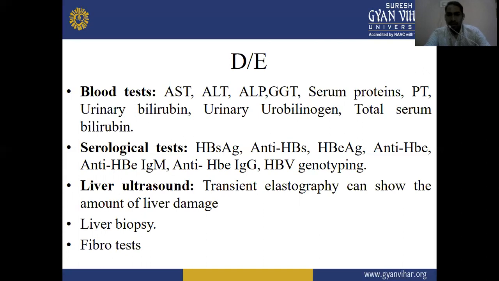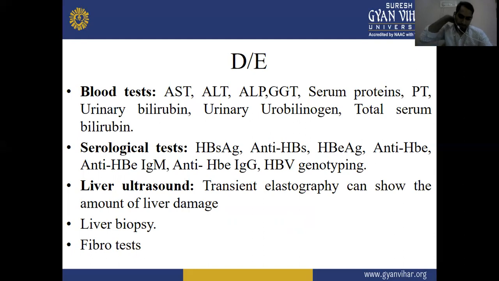Next one is HBsAg, the hepatitis B surface antigen test. It is a blood test ordered to determine if someone is infected with the hepatitis B virus, and if it is found along with specific antibodies, it means hepatitis B infection.